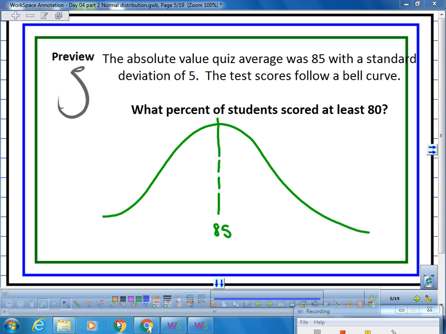So, like Philip said, if my standard deviation is 5, then one standard deviation away from the mean would be 90, and one standard deviation below the mean would be 80. And 2 standard deviations away from the mean would be 95, and 2 standard deviations below the mean would be 75, and 3 standard deviations and 4 standard deviations. Okay? So today we're going to learn about these percentages.